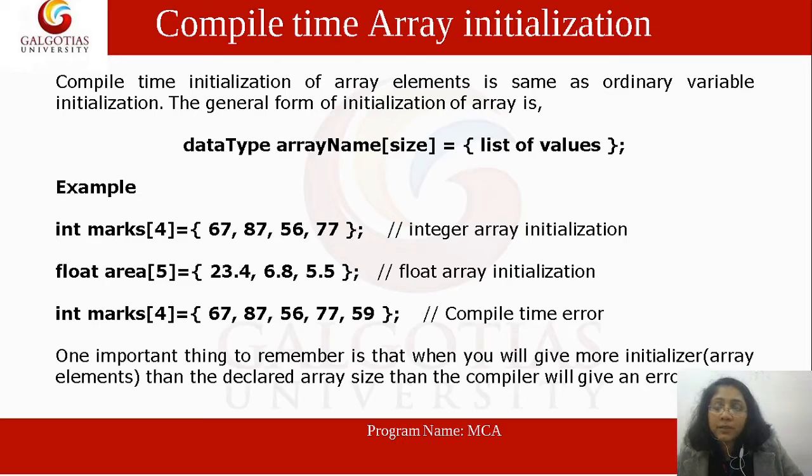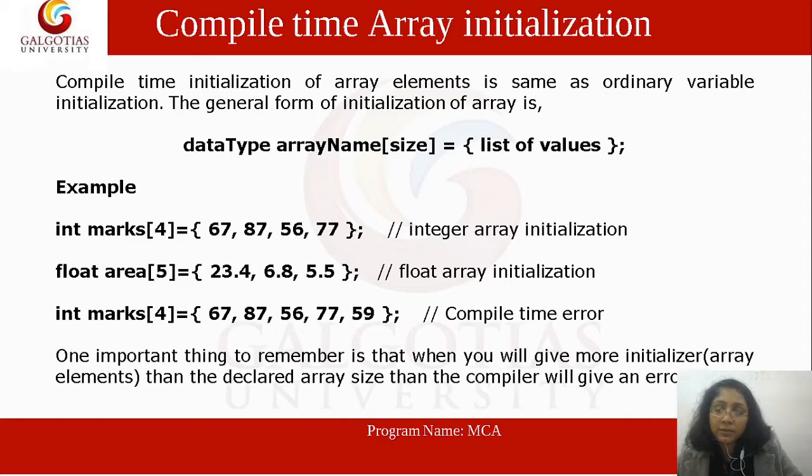For example, if it is an array you are creating for storing marks, which is of integer type, then int marks, the size, and the list of elements that you want to use for initializing: 67, 87, 56, 76.